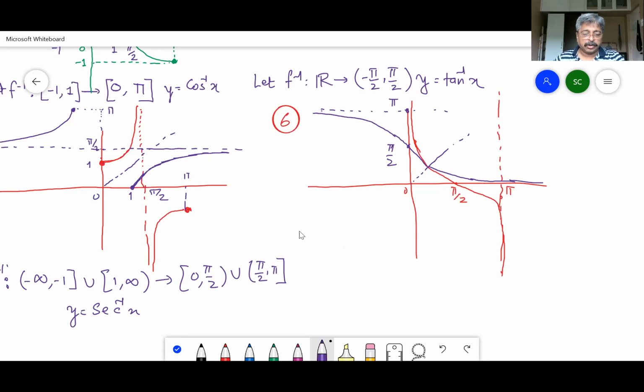Okay, so what is the domain range consideration? It is well defined on the entire R. So f inverse is defined from minus infinity to plus infinity, to open interval 0 to pi. Cot inverse x.